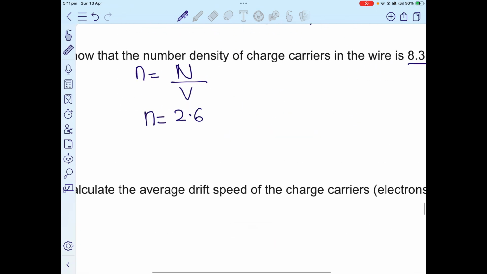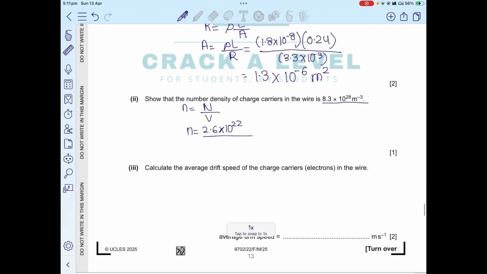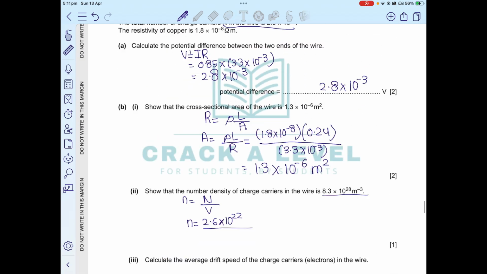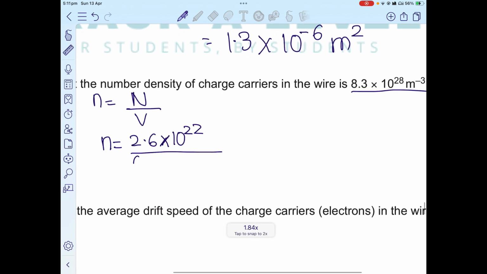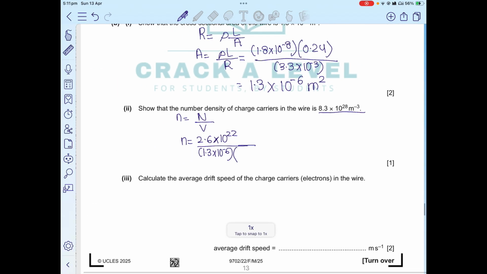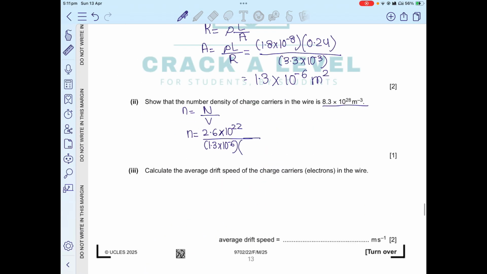So you have 2.6 × 10²² divided by the volume V. Now what's the volume? The volume is the cross-sectional area, 1.3 × 10⁻⁶, times the length, which is 0.24 meters.